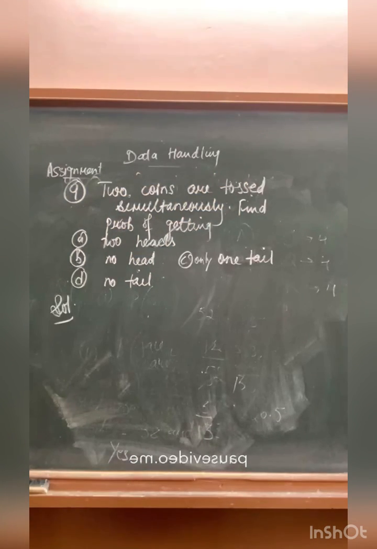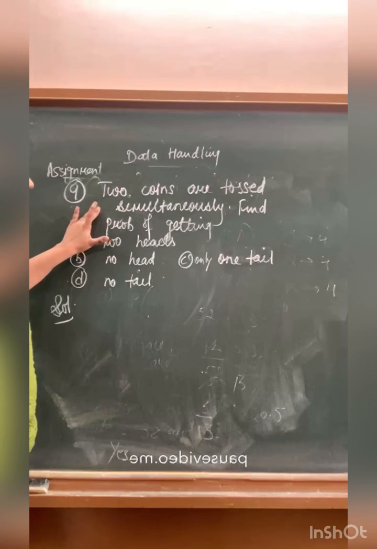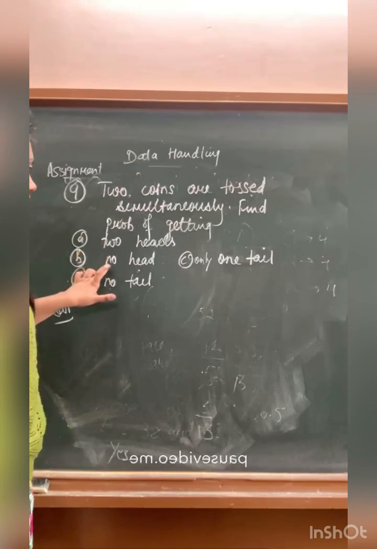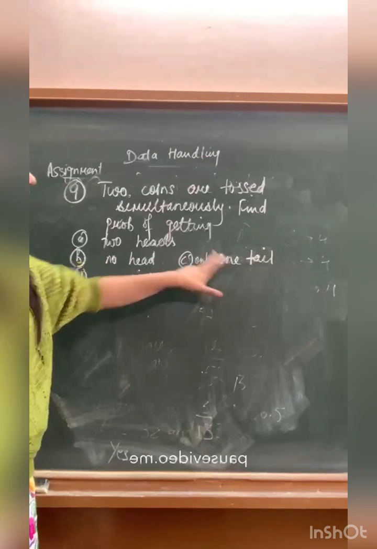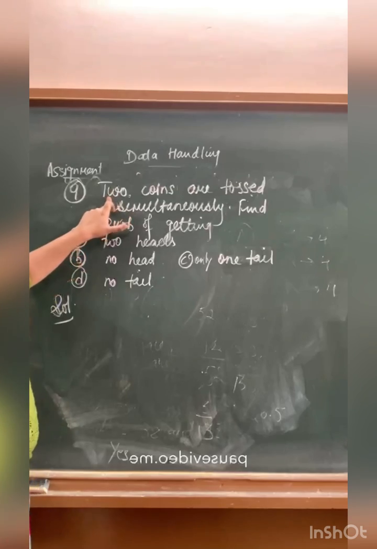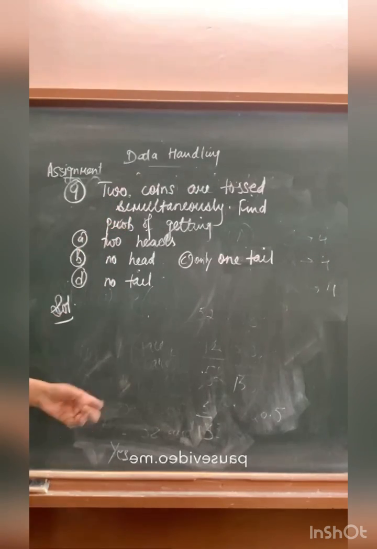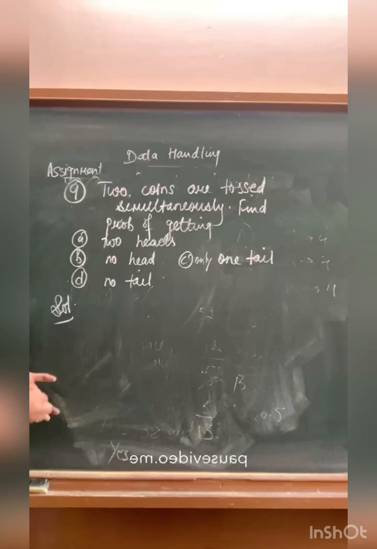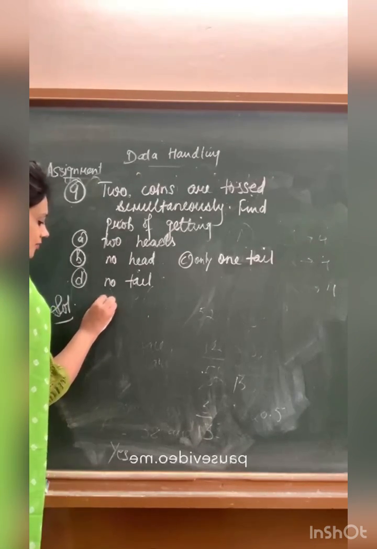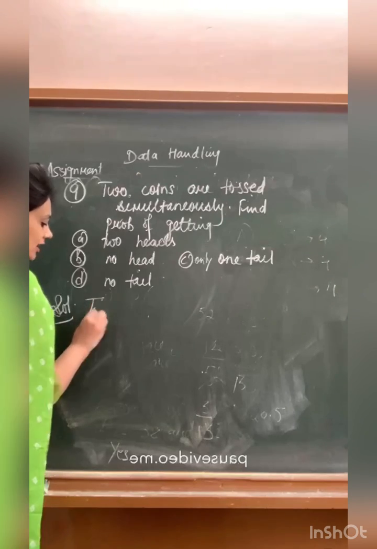See question number 9. 2 coins are tossed simultaneously. Find the probability of getting 2 heads, no head, only 1 tail, no tail. Now, how many coins are being tossed? 2 coins. So, what are the possibilities?